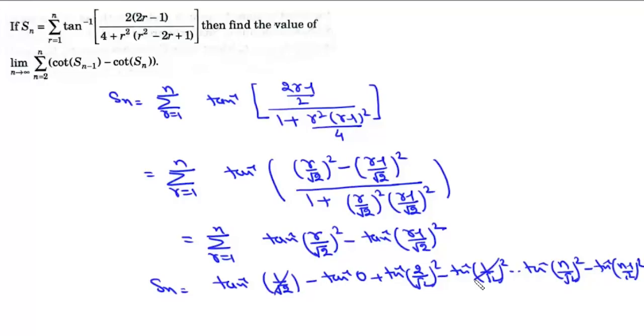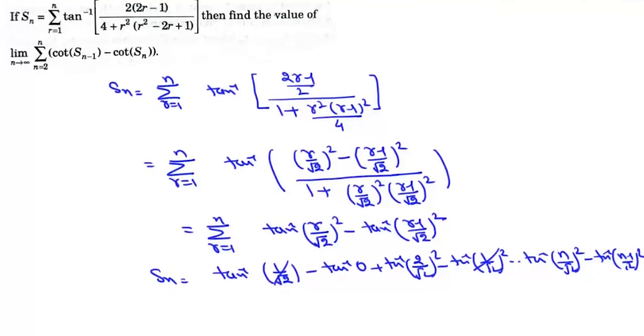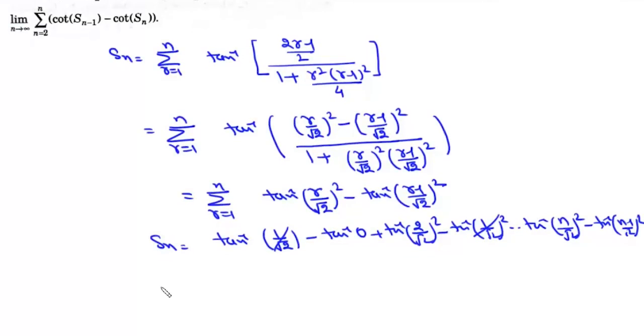Now here all these terms they'll cancel. So basically we'll get this Sn as tan inverse n square by 2. Now we need to find this limit.